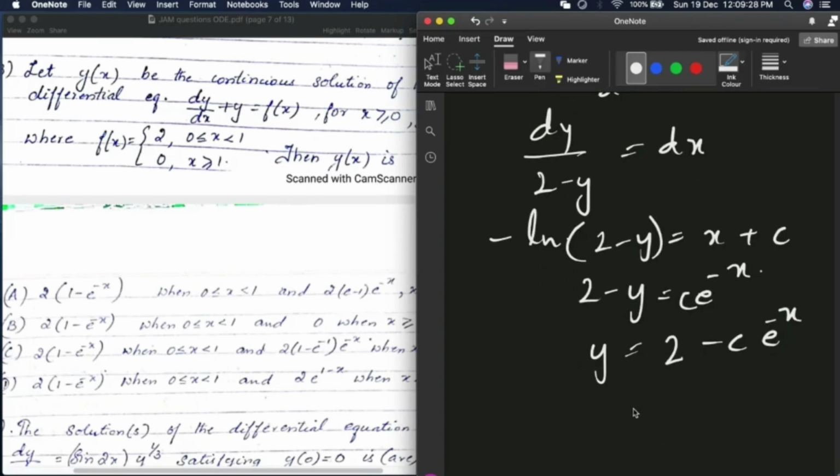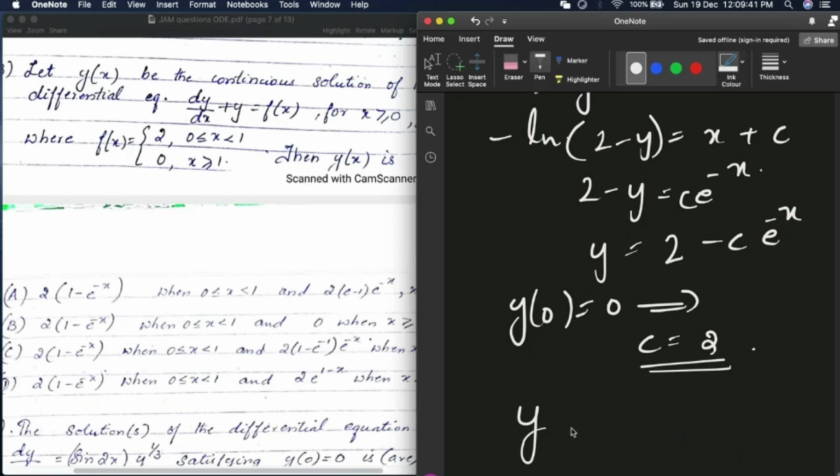We're given a condition, y of 0 is equal to 0. So your solution in the first interval is 2 minus 2 e raised to minus x in the interval 0 to 1.